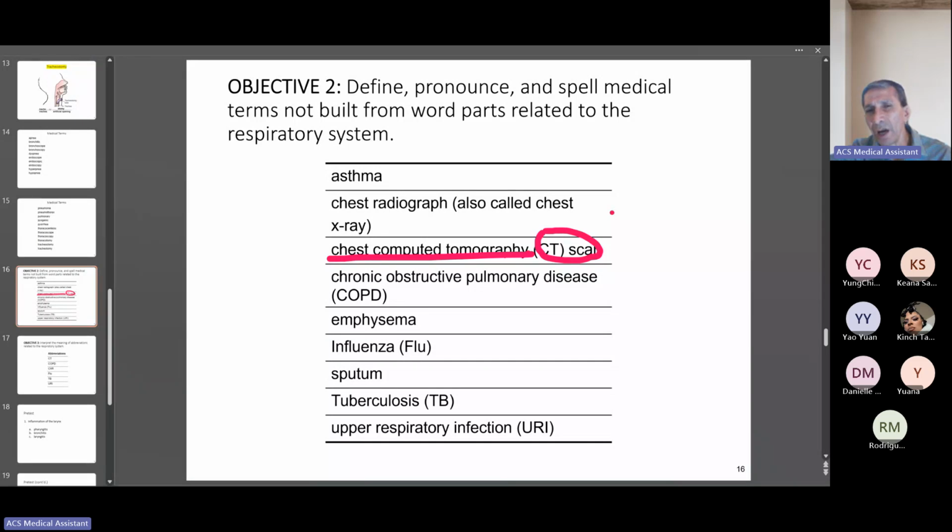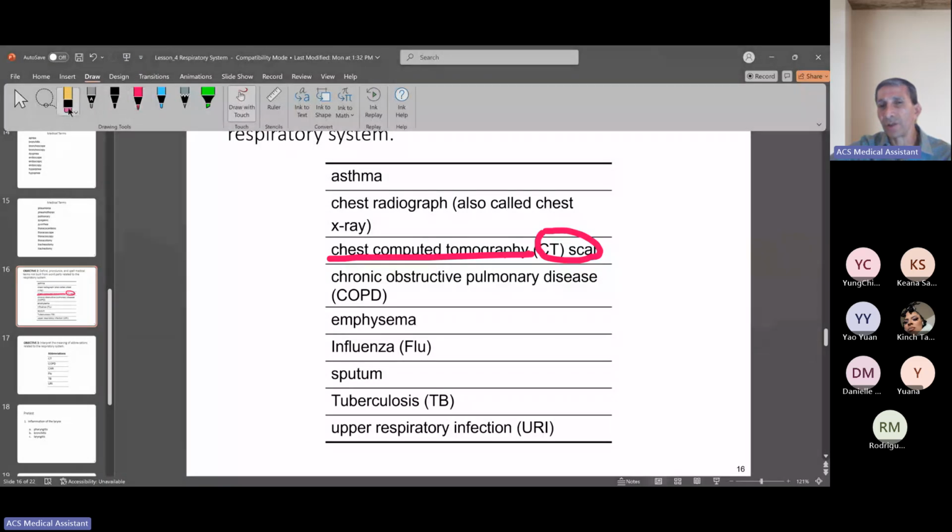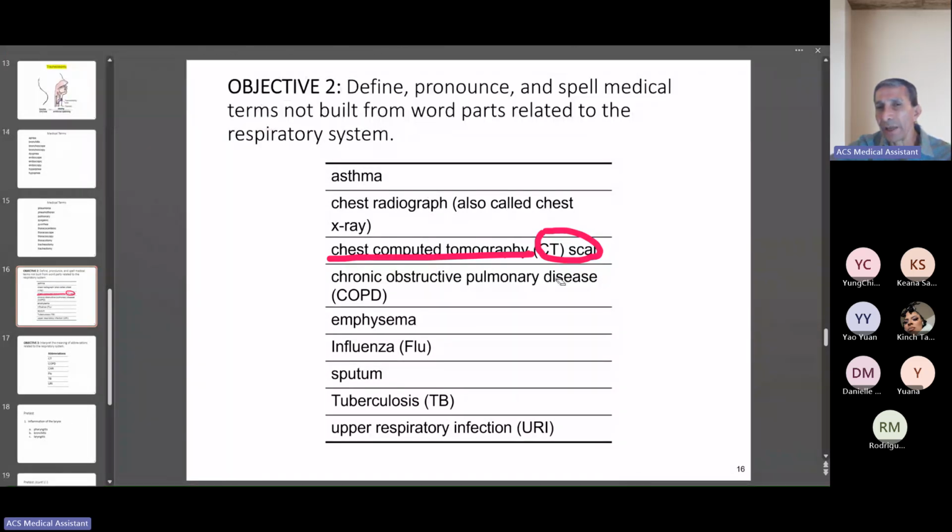What is the suffix of tomography? We don't do that. We say CT scan or a CAT scan. We don't find the suffix, the prefix, the word root. We just say the whole word because these terms, we cannot divide them because it's a combination of terms. So there are some terms that we can divide, some other terms we cannot divide because they are not built from word parts.